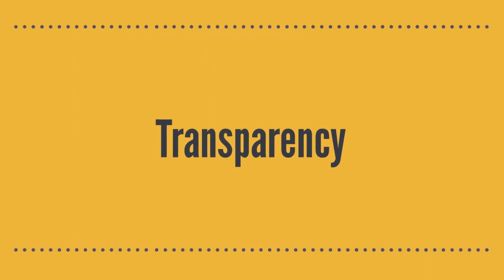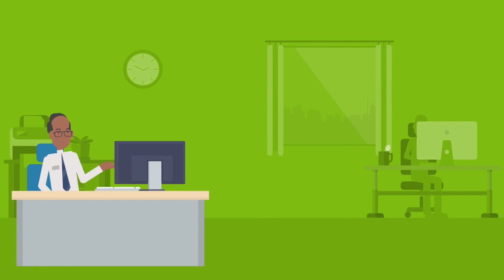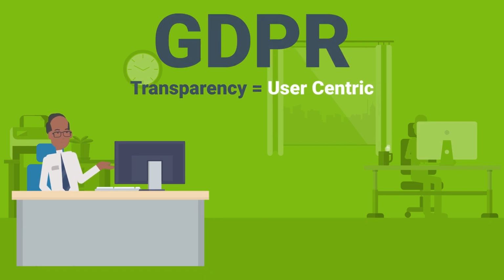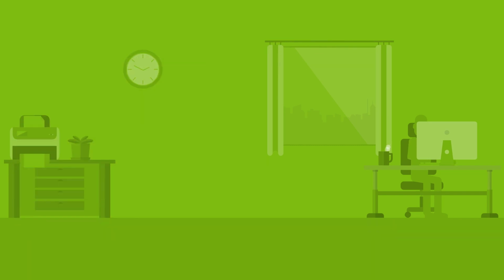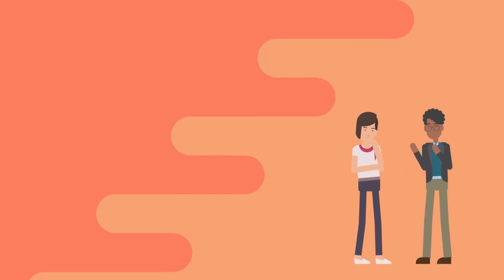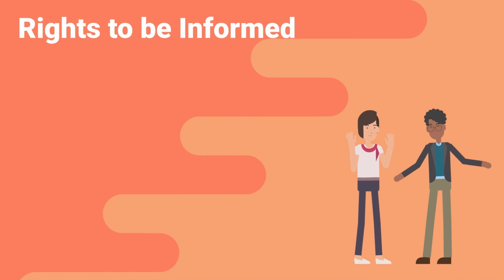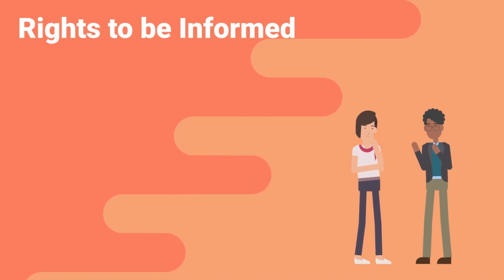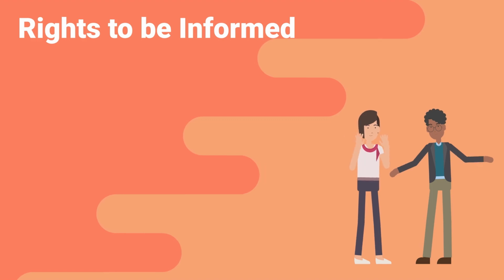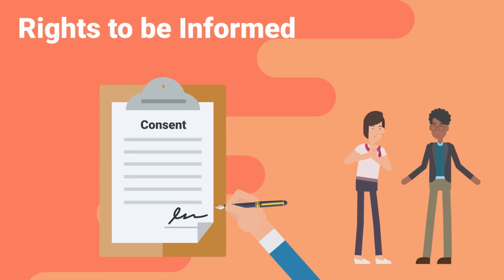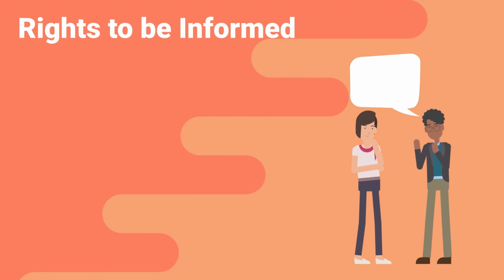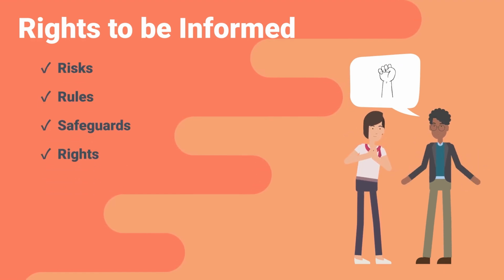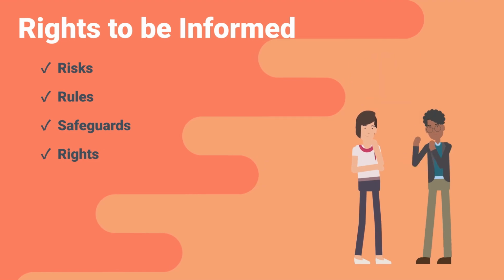Transparency. The principle of transparency in the GDPR is user-centric rather than legalistic. Respecting the rights of the data subjects to be informed, humanitarian actors are required to inform project participants, verbally or in writing, information concerning the processing, including associated risks, rules, safeguards, and data subject rights.